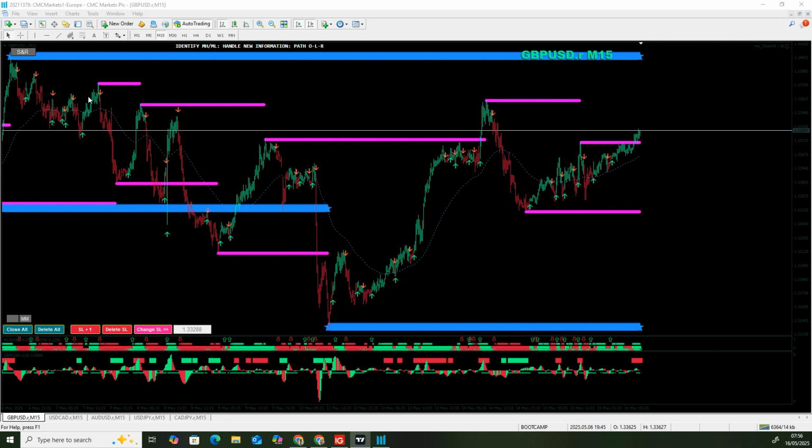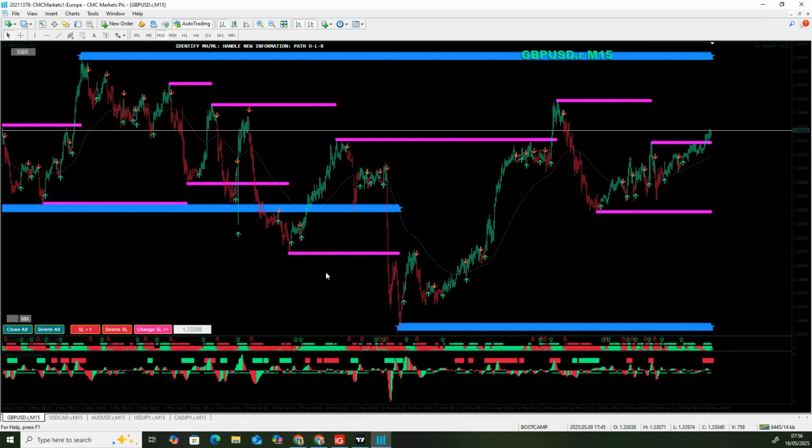Okay, so the first one we're going to be looking at is the pound US dollar 15 minutes chart. I've got the major levels here, so the 4 hours and the daily levels.